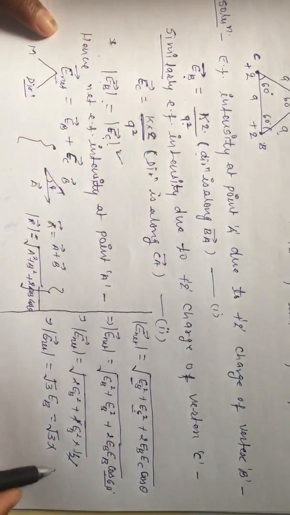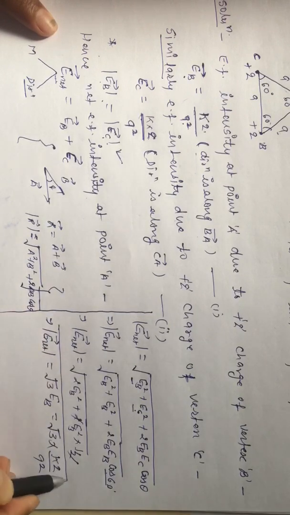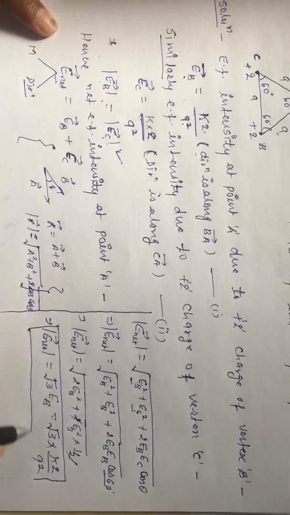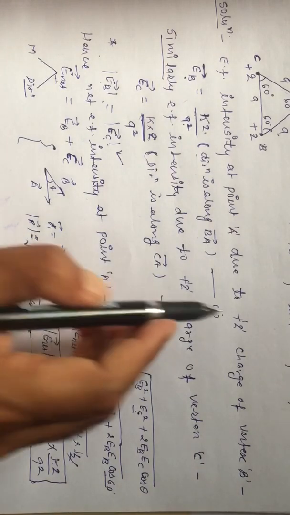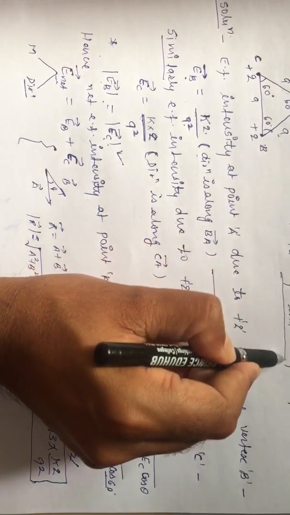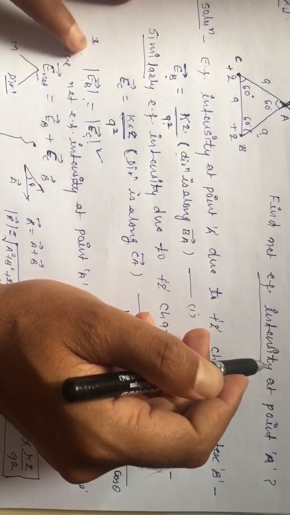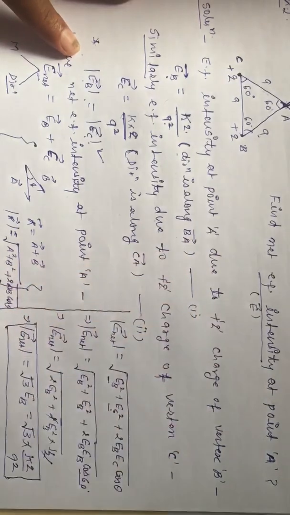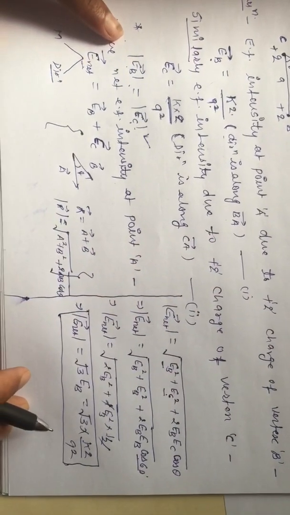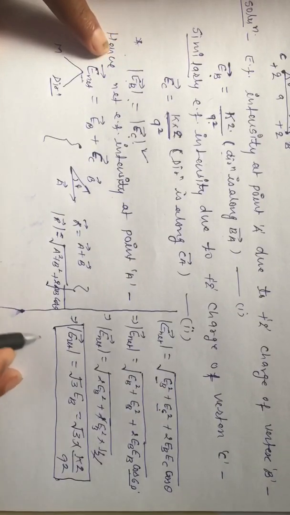EB is the magnitude kq upon a square. This is the magnitude of the electric field intensity at point A. But according to the question, we have to find the electric field intensity, not only magnitude. It means you have to explain magnitude as well as direction. This is all about the magnitude. What about the direction?